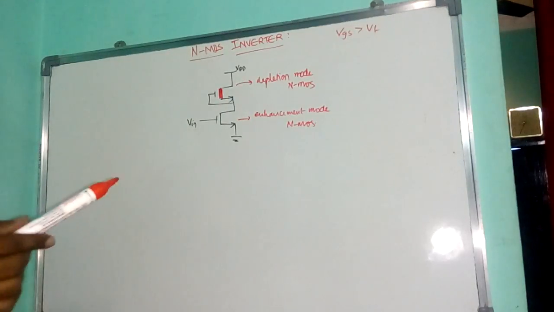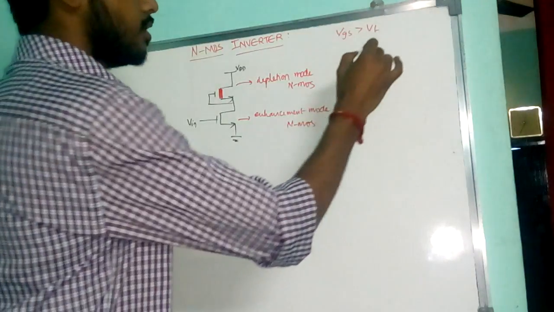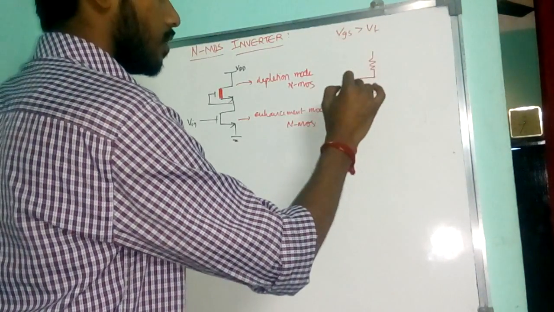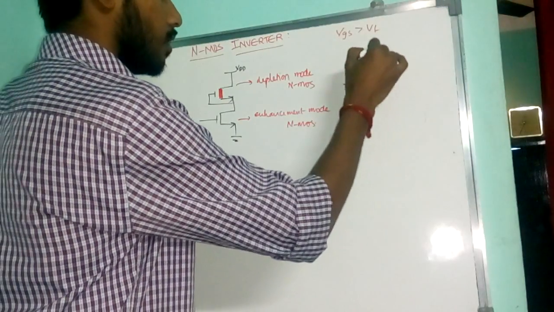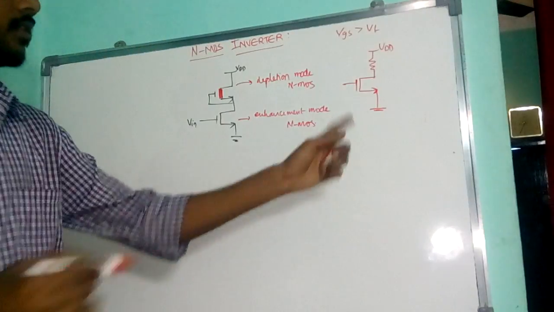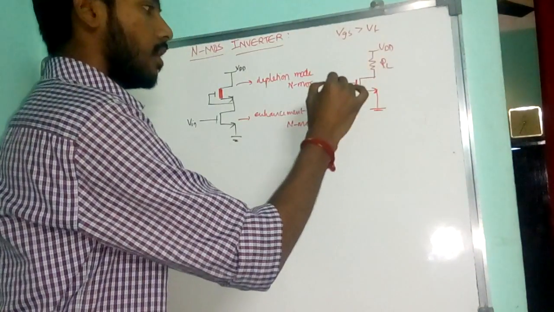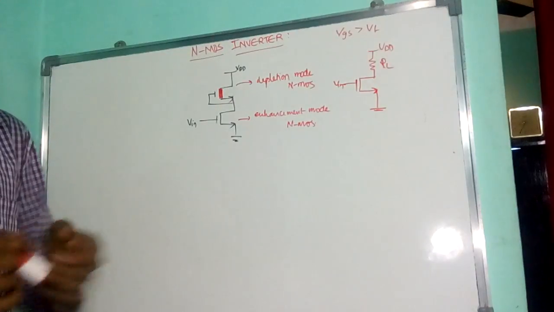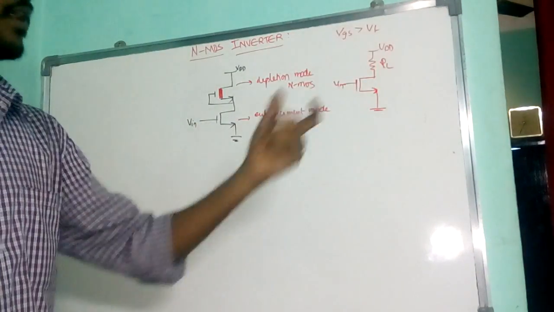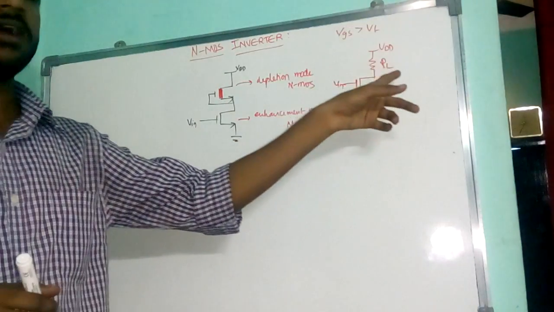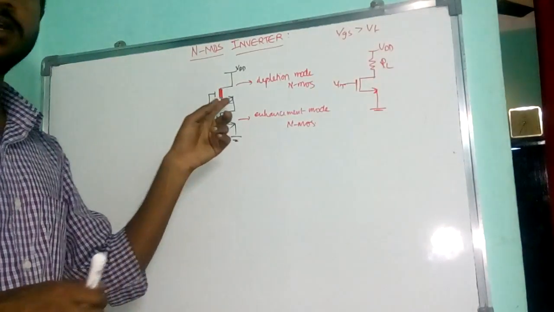Now, this is the structure of the inverter. Before, a resistor was used, but as the resistor is bulky in size, instead of that we can use a MOSFET here.